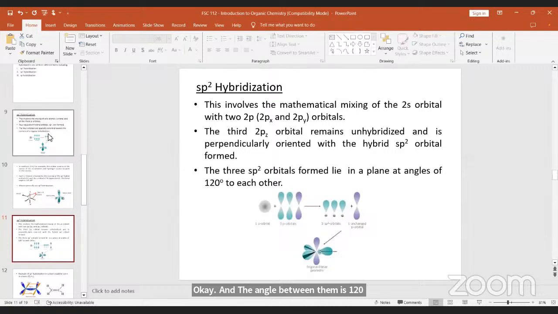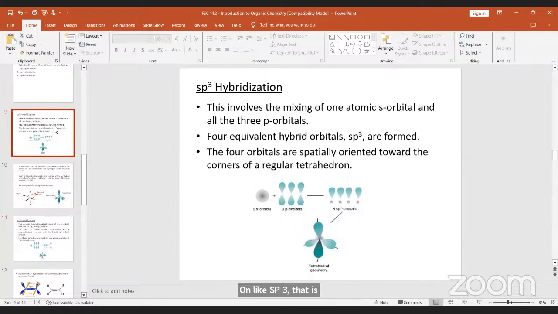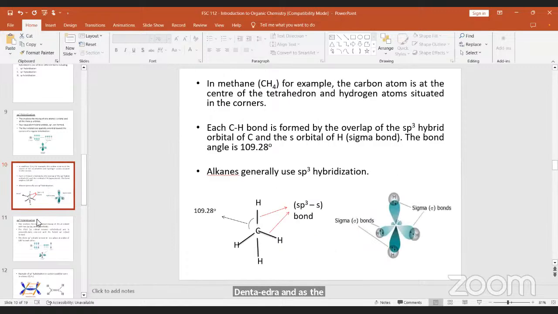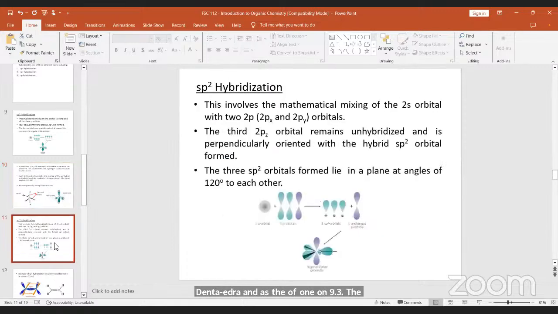Unlike sp3, that is tetrahedral and has the angle of 109.5, the angle for sp2 is 120 to one another because there are just three of them. And they lie in the plane of a regular triangle. So that means if you divide it equally, you have 120 degrees to one another.